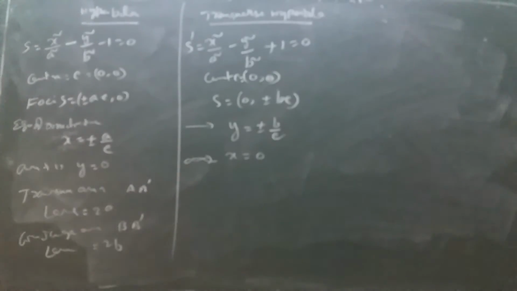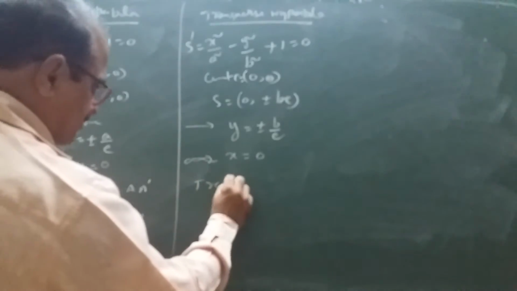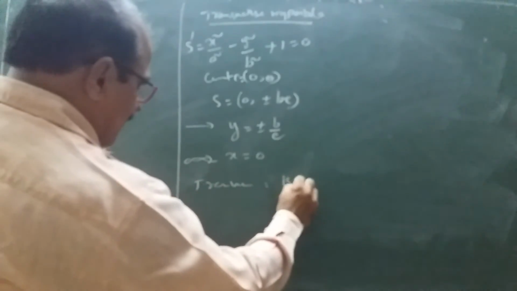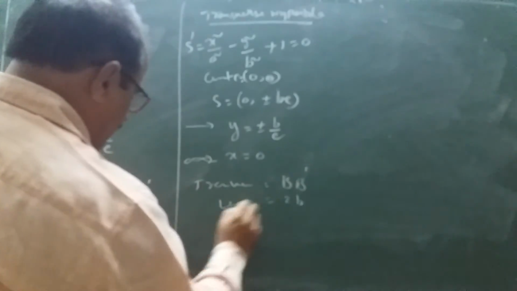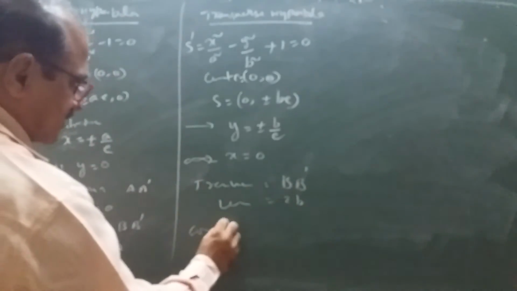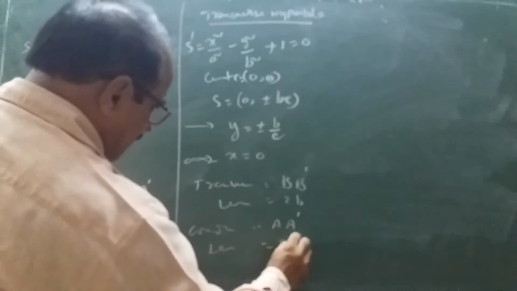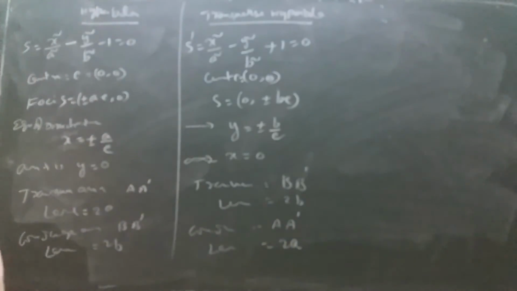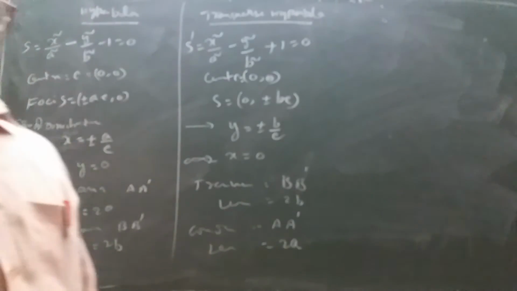Here these two are interchanged: the transverse axis is BB dash, with length 2b, and the conjugate axis is AA dash, with length 2a. In that way, we have to compare these two hyperbolas.